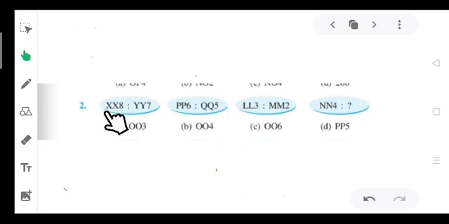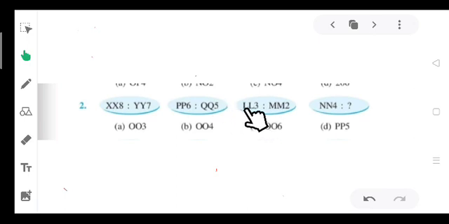The letter given, and then we have to write its next letter. Here also letter given, P, its next Q. Again P, next Q. 6 number given, its before number 5.